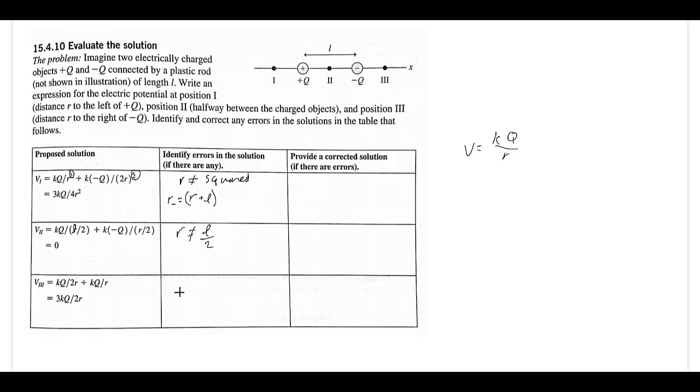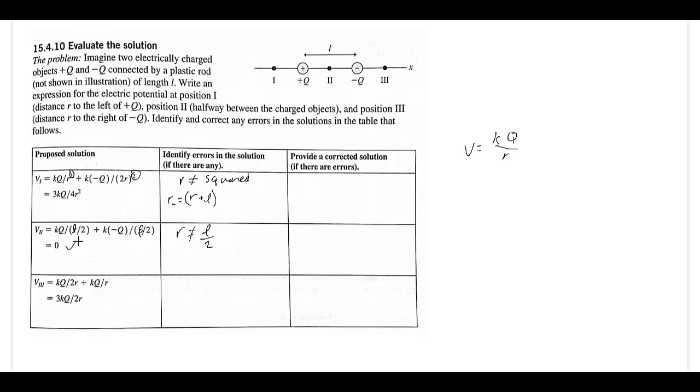And then finally, in this last one, again, it's saying that the distance between the plus q and point 3 is 2r. At least it's not squared this time. Oh, but in this one first, sorry. Otherwise, everything is correct. So it's still L over 2 and L over 2, and therefore the potential between them is going to be 0 exactly in the middle.